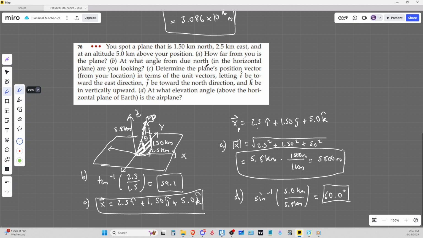If it was what is the angle from due east, I probably would have been correct. But this one is from the northern part, so it has to be from the y-axis to the x-axis, or to the vector itself actually.